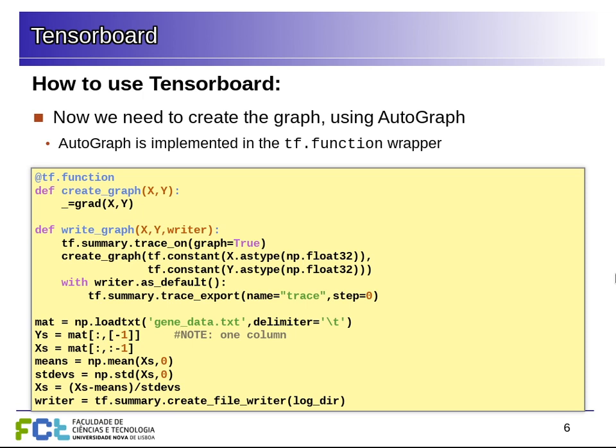So that create graph function, since it's inside TF function, will be used to trace all the computations that we need. And now we can use this writer that we created here. So writer is a file writer object that you can find in the summary module that basically allows us to write things to the log. So now we're going to export this trace, this computation graph.